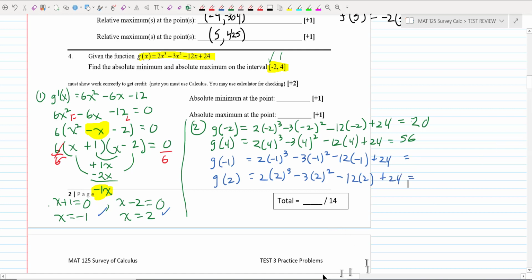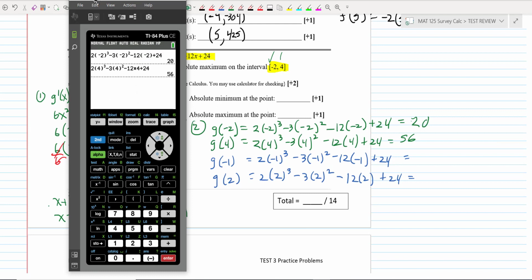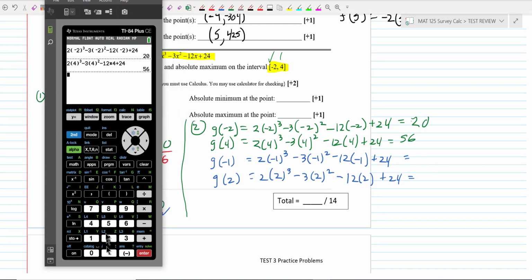Okay, so I'm just going to crunch those on my calculator, and then we should be able to get our answer. I just do 2 times 2 to the third, and then minus 3 times 2 to the second. You can do some of this in your head. I'm just trying to put in exactly what I wrote down. It saves a little bit of time if you just do simple things in your head.